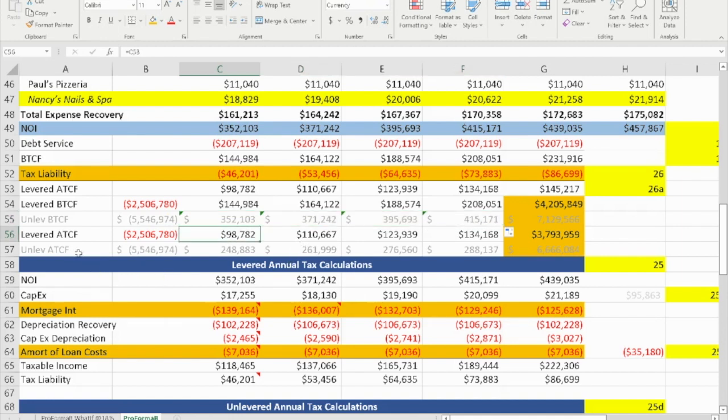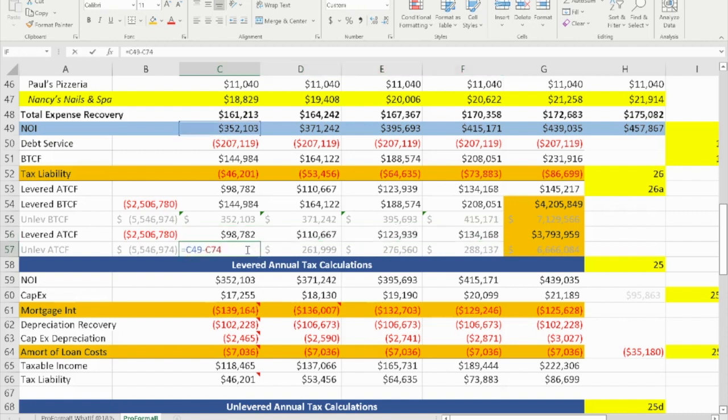The levered after tax cash flow is simply going to be equal to this cell, which is the levered after tax cash flow. We're going to drag it across to year 4.